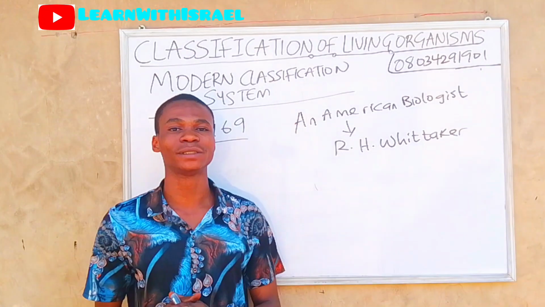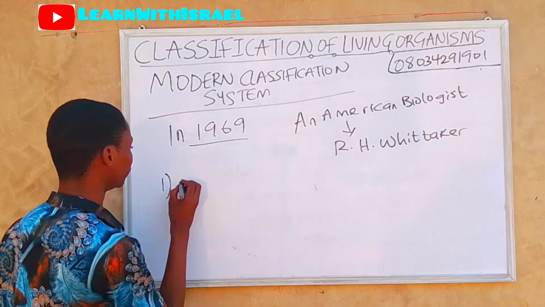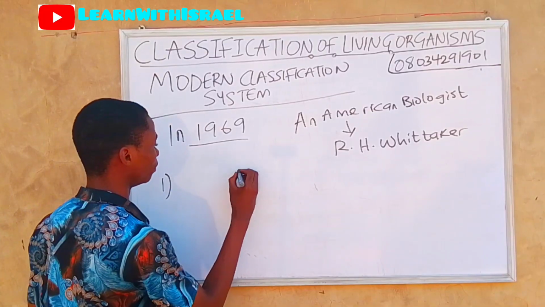We have 5 kingdom systems, which I'll be listing out now, starting from the first one, which is Monera.